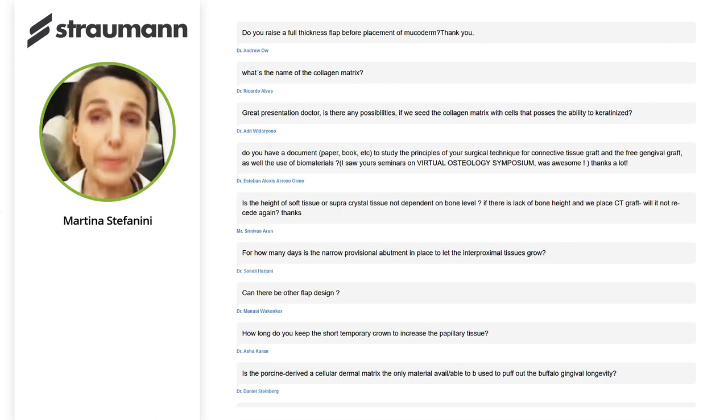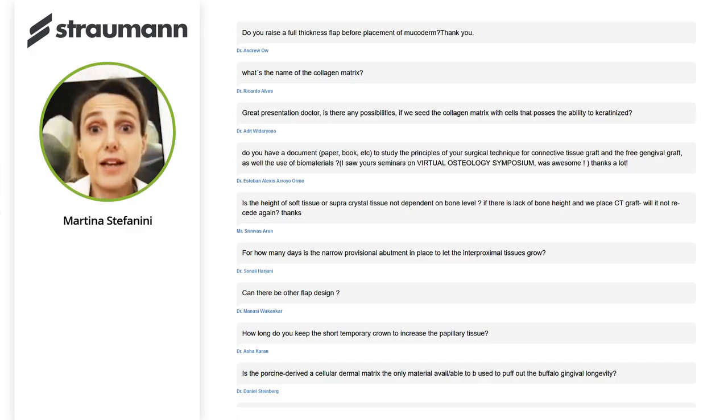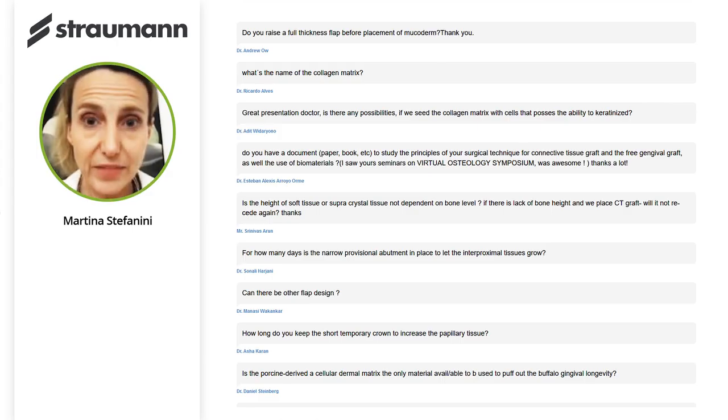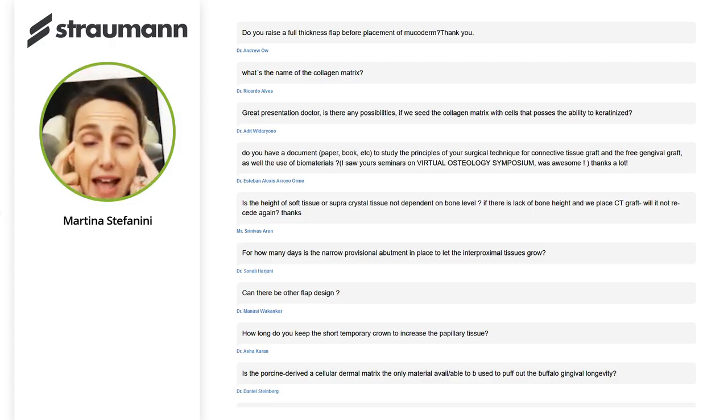The rationale behind the full thickness elevation in the central portion of the flap is to obtain a flap which is as thick as possible in the central portion, that will be moved coronally and will be positioned above an avascular area. This idea comes from mucogingival surgery around teeth.